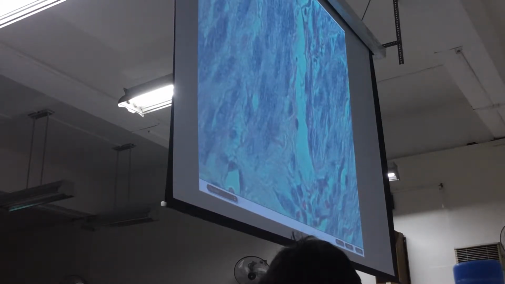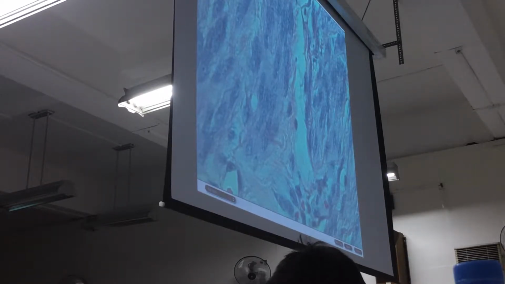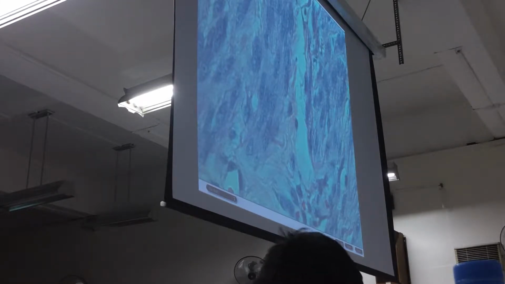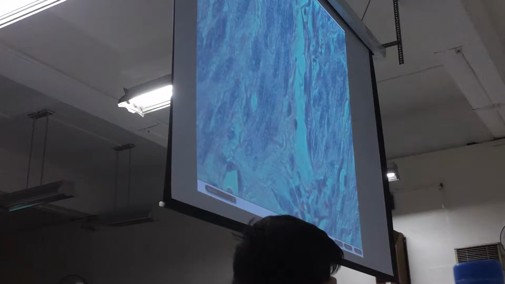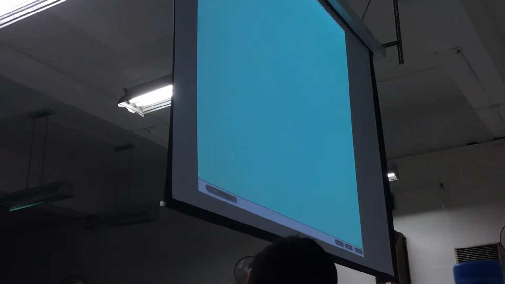That's why the uterus becomes bigger and the myometrial walls become thicker during pregnancy. That's M1001. Let's go to the second slide in your slide boxes.